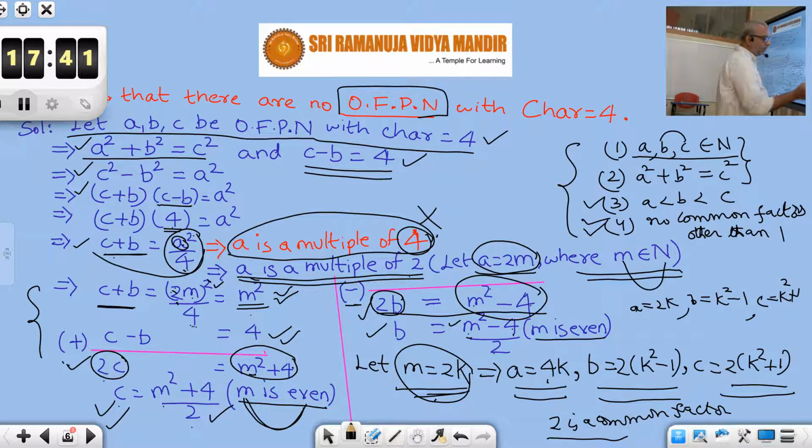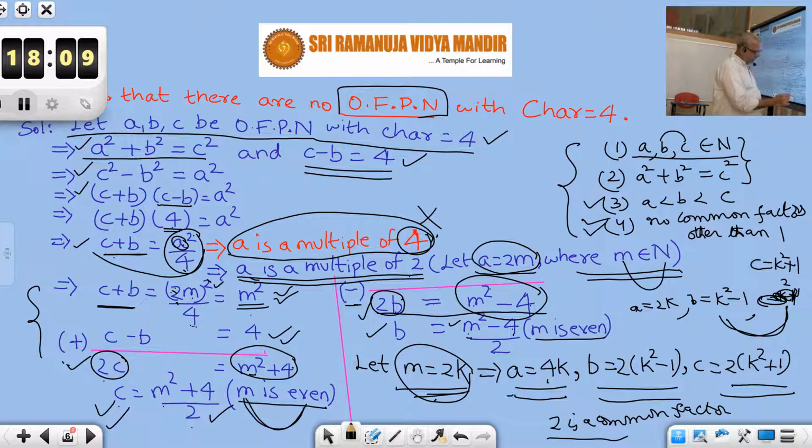These are Pythagorean numbers with characteristic what? These are Pythagorean numbers with characteristic 2. See the difference, k square plus 1 minus (k square minus 1). Is it not 2? So, these are not Pythagorean numbers with characteristic 4. These are Pythagorean numbers with characteristic 2 only.